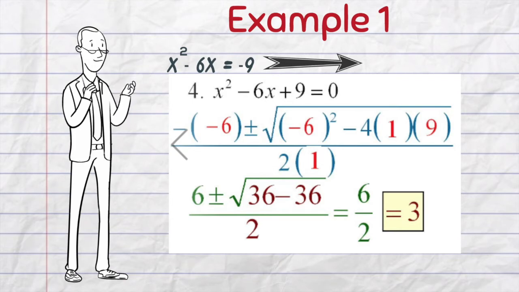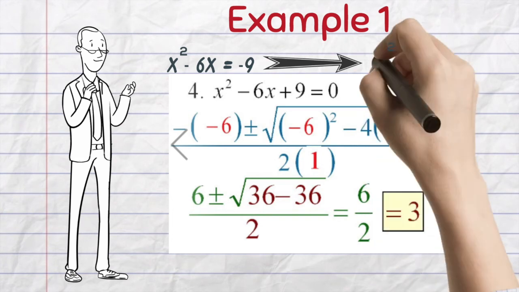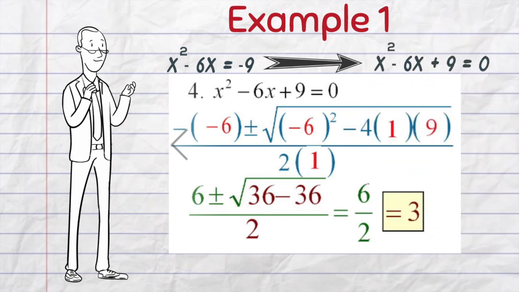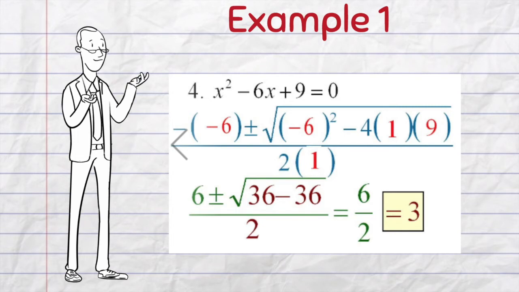Assume this equation becomes x squared minus 6x equals negative 9. We need to move negative 9 to the left to become x squared minus 6x plus 9, and then we're good. After that, you will be able to identify a, b, and c.